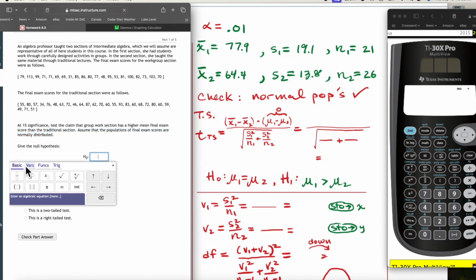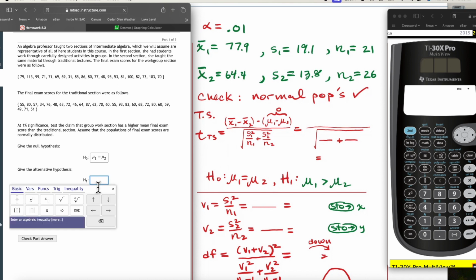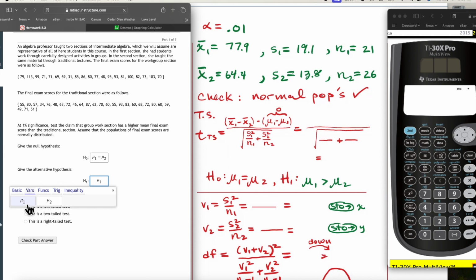So you have to click on vars here. So mu1 equals mu2 there. And then same thing here, click on vars. And this one's going to be mu1 greater than mu2, like that. And of course, pointing to the right makes this a right-tailed test.